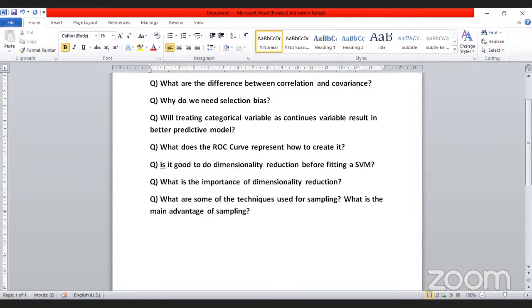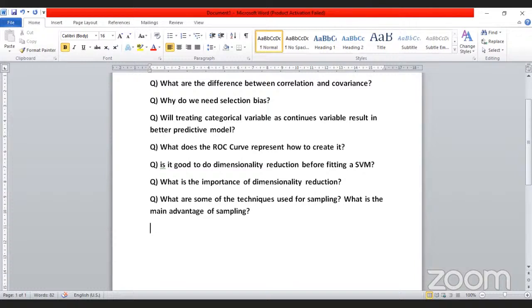Okay, so firstly, we understand the main advantage of sampling. Data analysis cannot be done on the whole volume of data at a time, especially when we have a large data set. It becomes crucial to take a sample of the data that represents the population and then perform analysis on that.